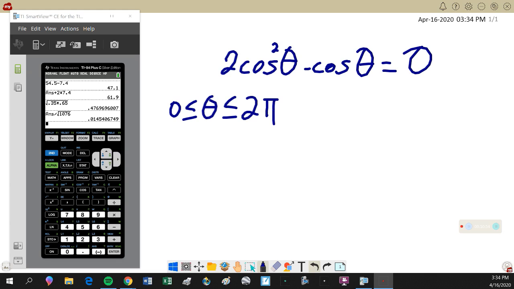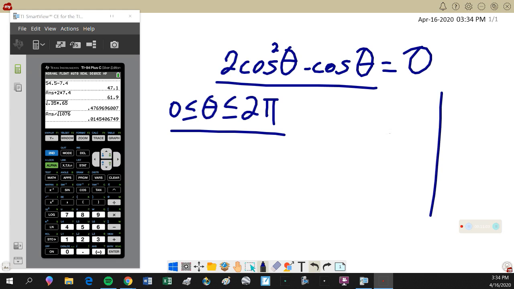So I want to know how many times this function equals 0 over this domain. So that would be 1 rotation. How many times does that particular function equal 0 within 1 rotation from standard position?